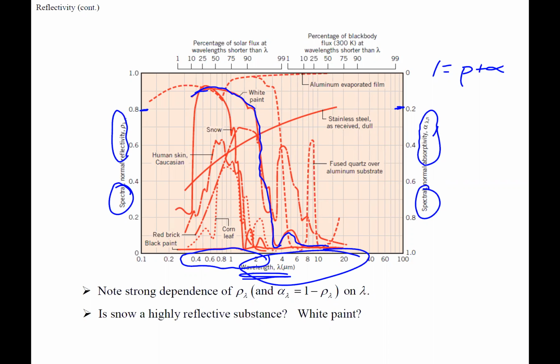But at the low wavelengths, it's very highly reflective and has very low absorptivity. We can also look at, say, snow. It also has this kind of dependence on wavelength, low versus high. So it really depends on what wavelength is hitting it, whether it's a low or high wavelength, on what it's going to experience, with reflectivity or absorption.